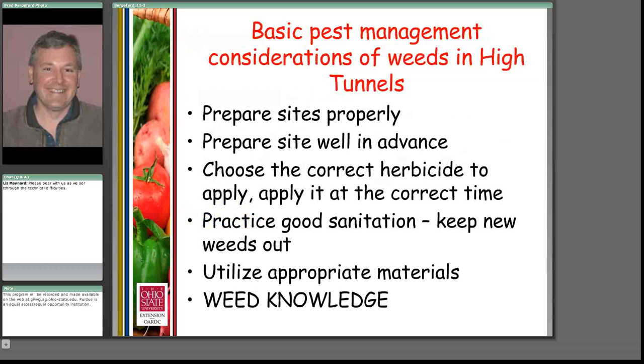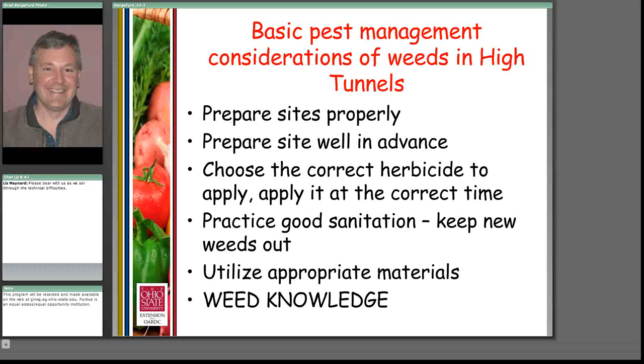There are some basic pest management considerations we need to think about when we're talking about weed control in the high tunnel. And again, it's pretty simple, but just some things we need to keep in mind. One is site preparation. When we're looking at high tunnels, there's so much work well in advance that has to be done to prepare that site properly.